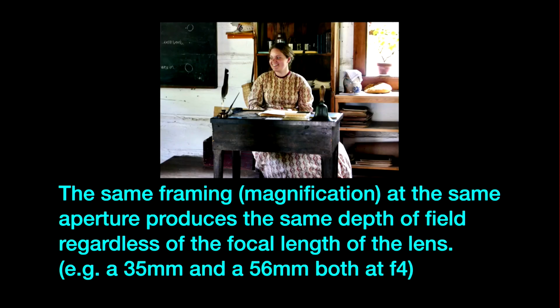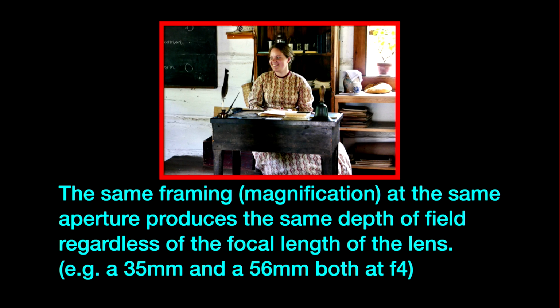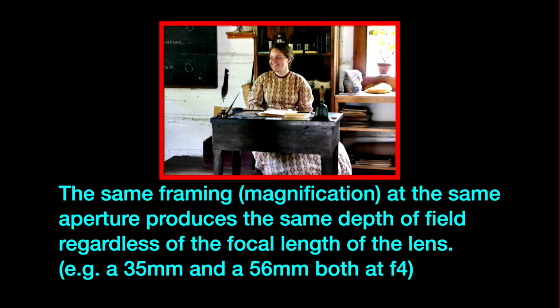And so what that means for us when we're out taking photos, this was at Upper Canada Village, and this was our school teacher. I took a photo of her with a short telephoto lens. So if I had moved closer and used a standard lens like the 35mm here and framed it exactly the same, so I included the same elements in the picture, exactly the same framing, I would have had the same depth of field at f4, which is what this one was shot at.